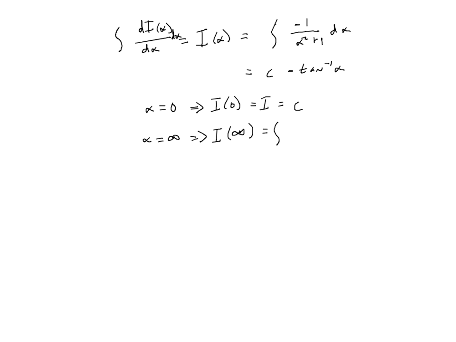So that's going to be the integral from 0 to infinity of 0 times sine of x over x dx, which has to be equal to 0 because the thing in the integral is 0. And that, we know, is going to be equal to c minus inverse tangent of infinity.